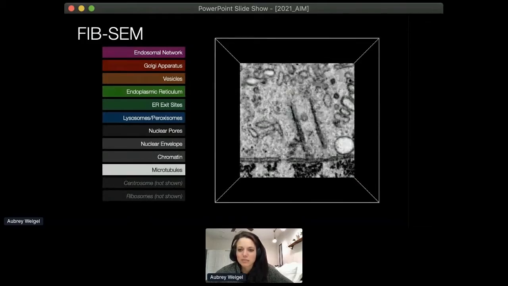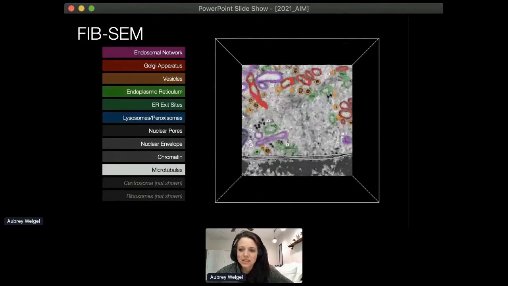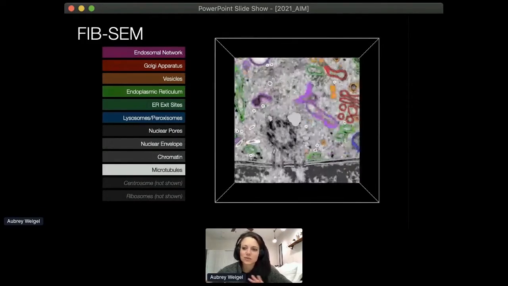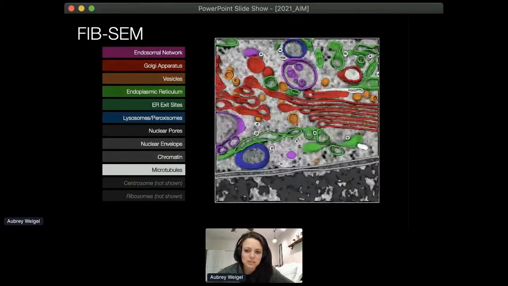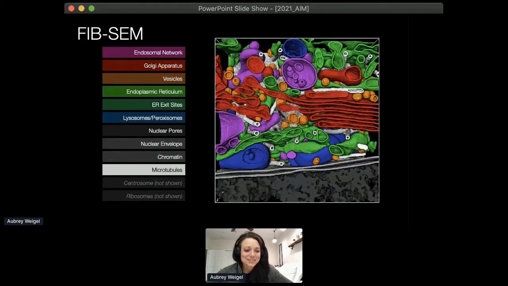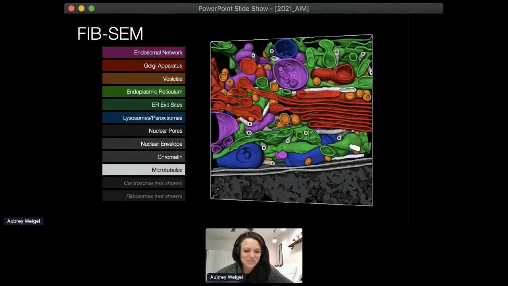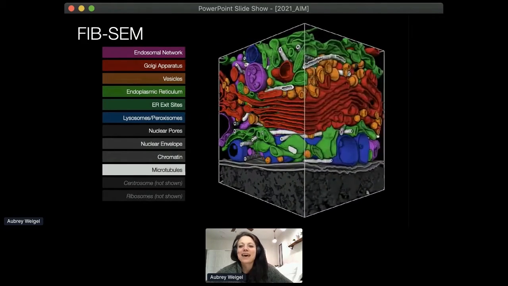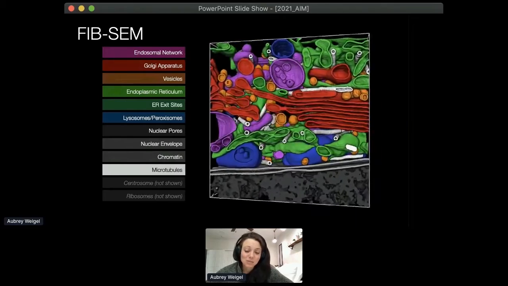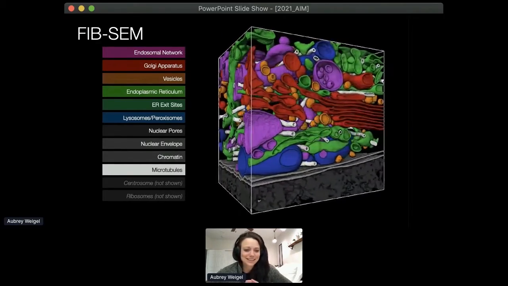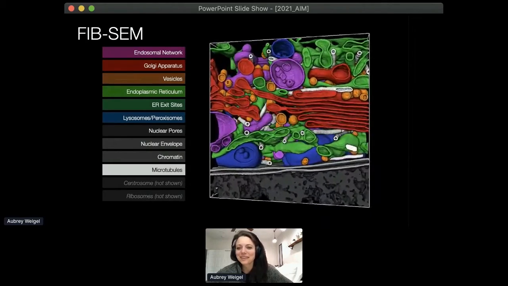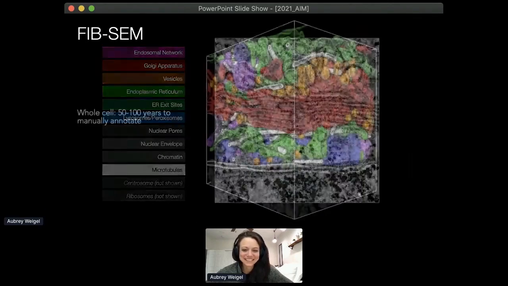So you'll see popping up here in red the Golgi, and soon the ER. There's vesicles scattered all throughout in orange, and microtubules, the nucleus with its nuclear pores. All of it is really quite beautiful, even with this small cubic micron here. And you might even notice from this small volume that there's this real lack of empty space. And that's actually the problem.